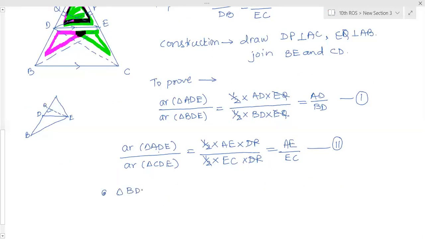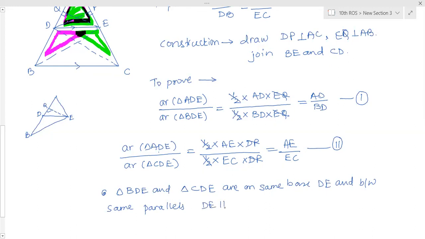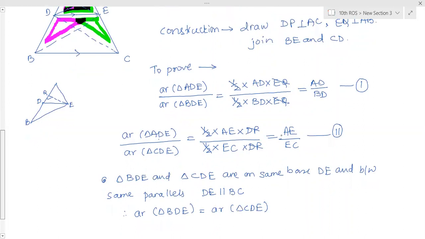Triangle BDE and triangle CDE are on the same base DE and between the same parallels, DE parallel to BC. Therefore, area of triangle BDE is equal to area of triangle CDE. Now, this is third.